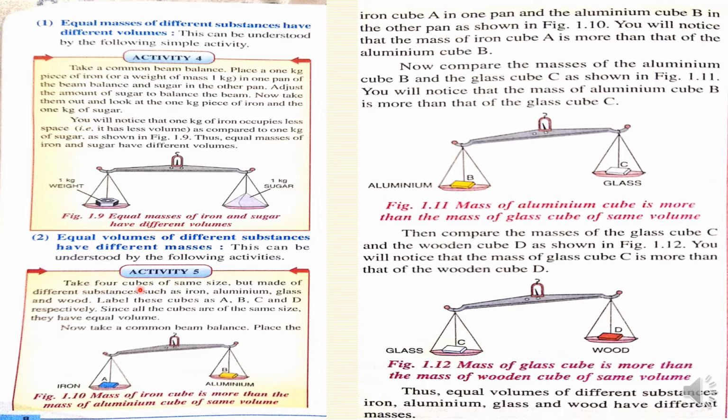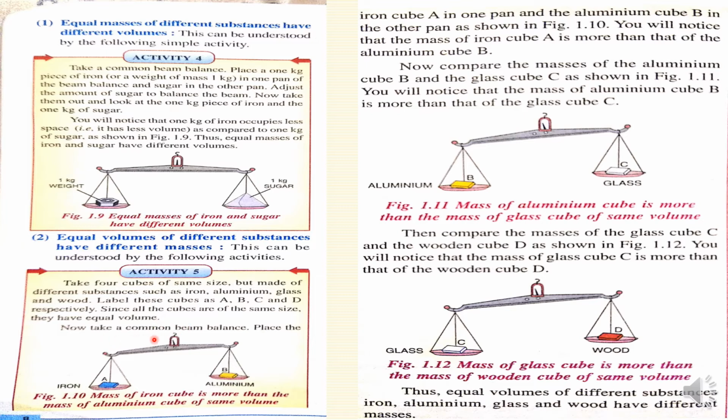Take 4 cubes of the same size but made up of different substances such as iron, aluminium, glass and wood respectively. Now first label these objects as A, B, C, D. It means A is made of iron, B is made of aluminium, C is made of glass, D is made of wood. Since all the cubes are of the same size, they have equal volume.